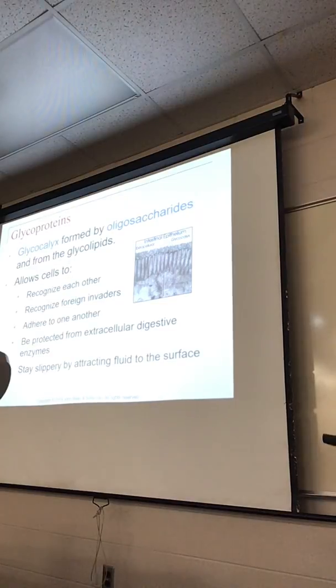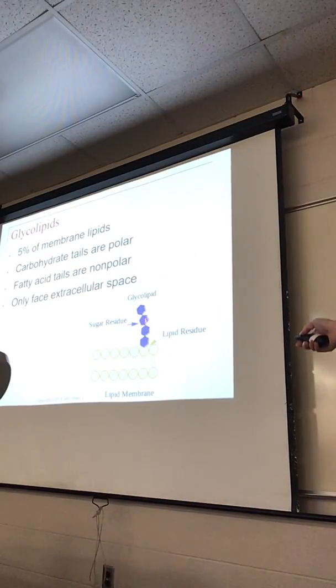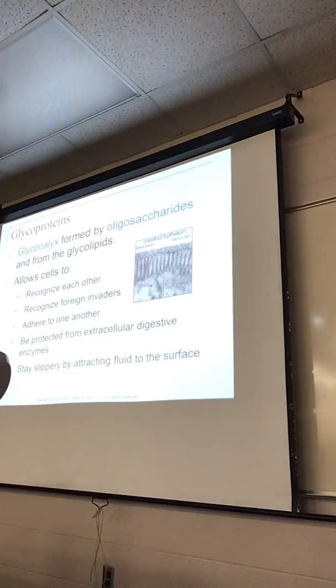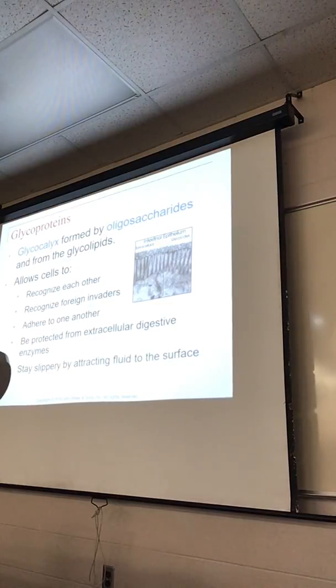Most of the little sugars, so going back here showing you what I showed you about a glycolipid, most of the little sugars are going to be oligosaccharides that make up these glycolipids and glycoproteins. And oligosaccharides are just long carbohydrate chains made of anywhere from 2 to 60 monomers.